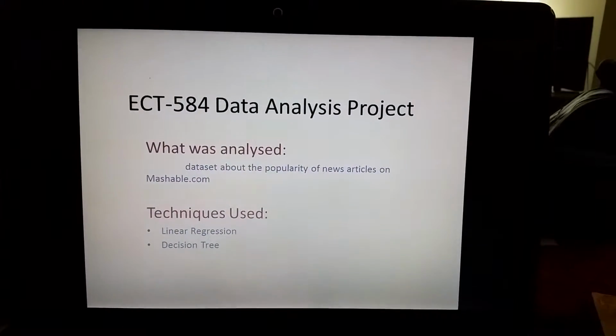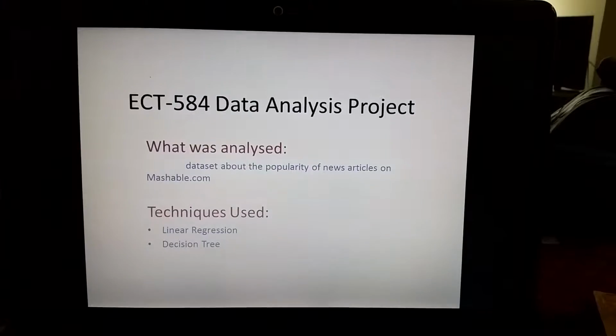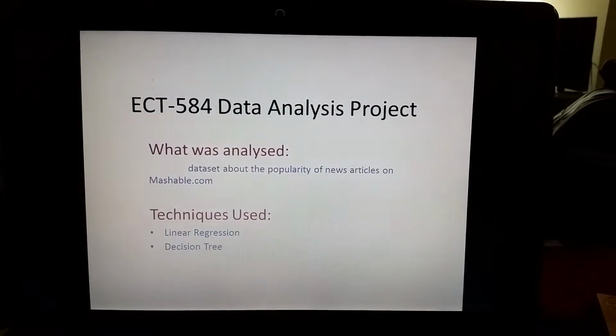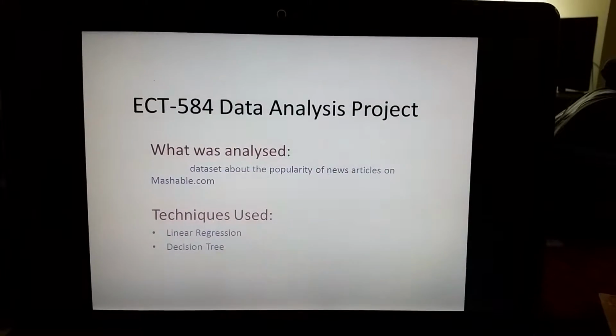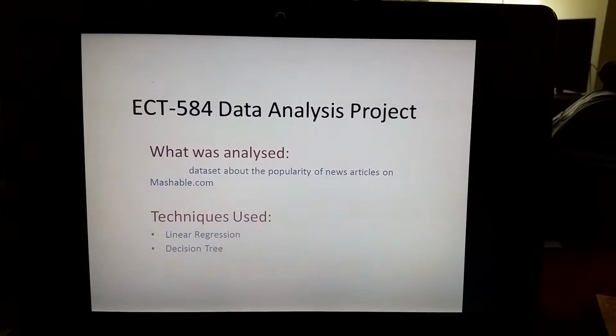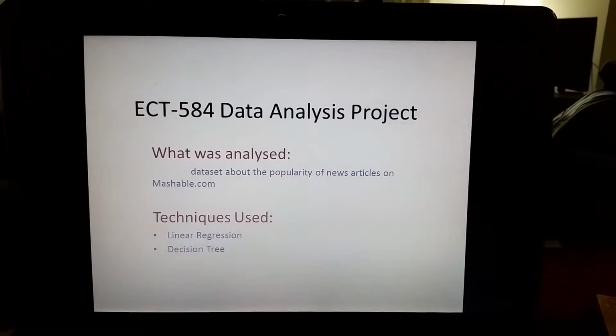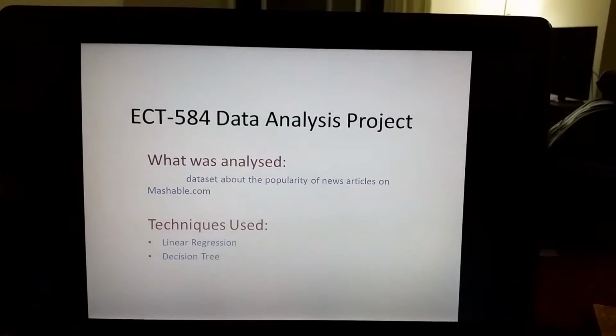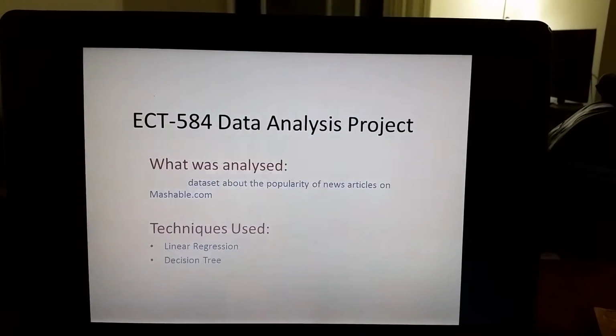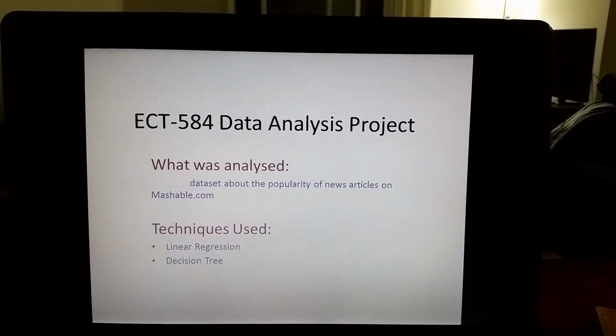This data set was extracted as part of a study done on some sort of sentiment analysis on these articles by different authors.